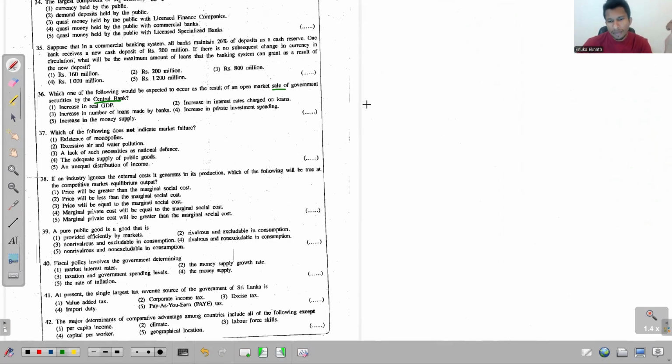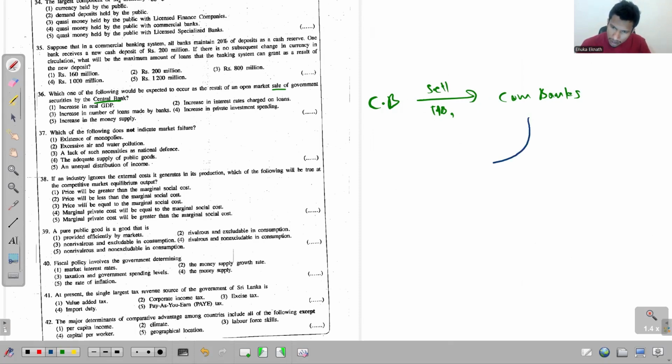If I write it here, we have the central bank. So they sell treasury bills and treasury bonds to the commercial banks. And in return, what happens?